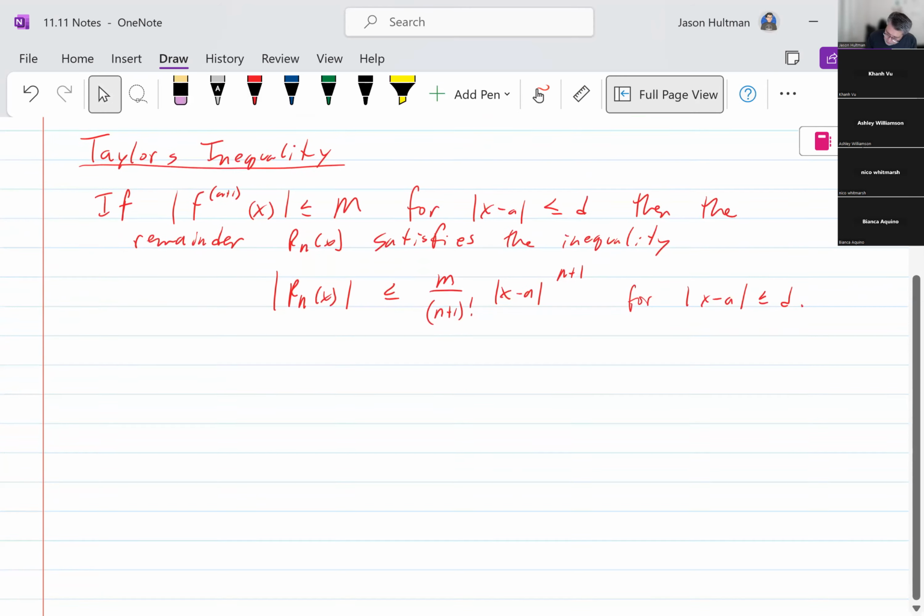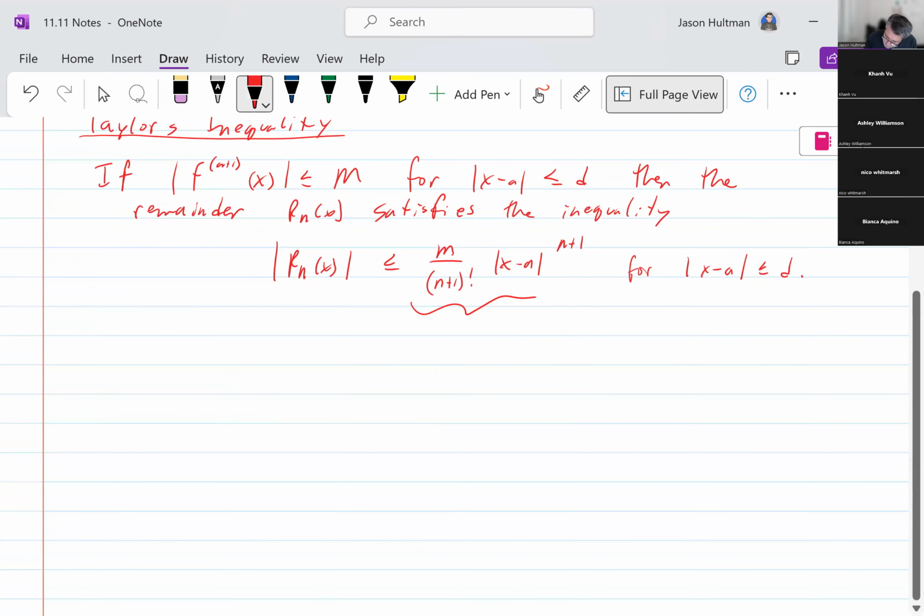Okay, so what this gives me is an upper bound on the remainder of my power series. Okay, it's really the remainder of my Taylor polynomial.